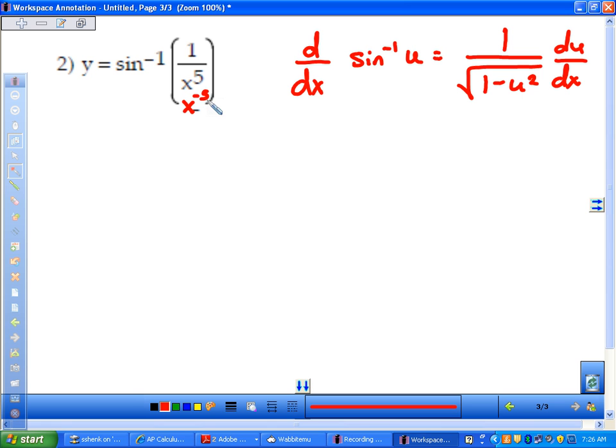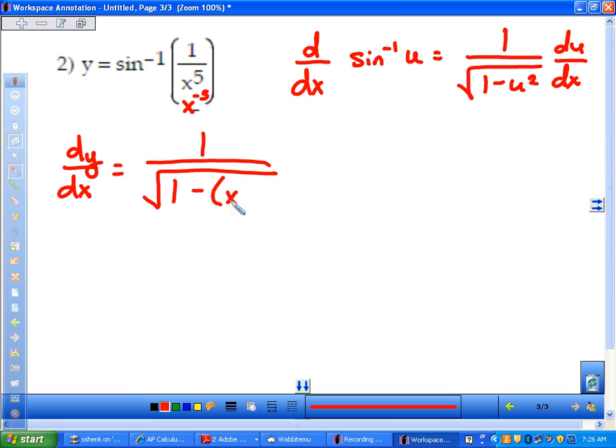X to the negative 5th. Okay, so dy dx is going to be equal to 1 over square root of 1 minus u, which is x to the negative 5th, squared times du dx. What would be the derivative of x to the negative 5th? Negative 5 x to the negative 6.